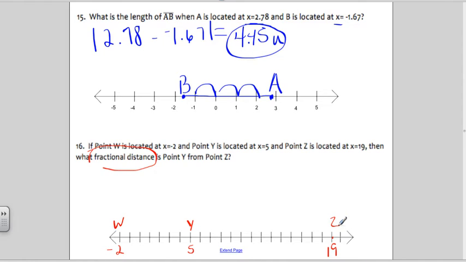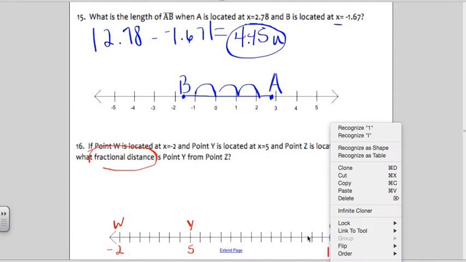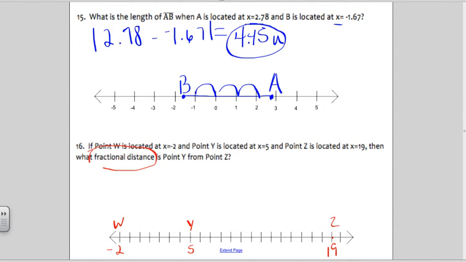Now, I want to know what fractional distance Y to Z represents. So I'm going to have to relate that back to the length somehow.